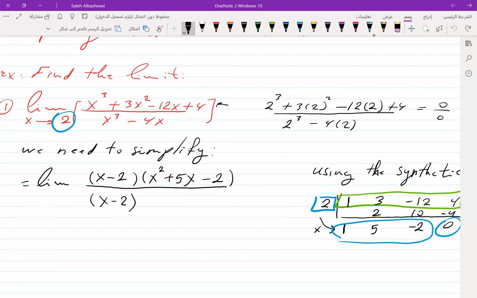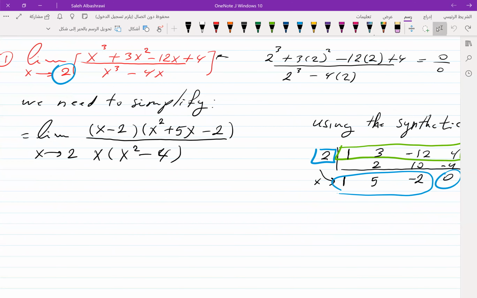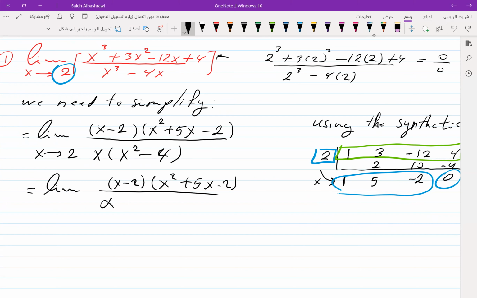Now for the numerator, I have x minus 2. Let me do the denominator in 2 steps. If I take x as a common factor, I will have x squared minus 4 as x goes to 2. Now x minus 2 up, and x squared plus 5x minus 2.